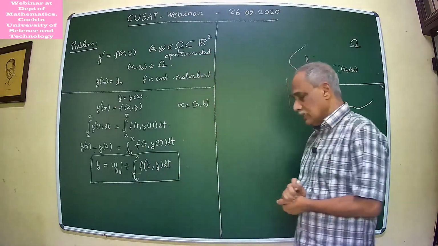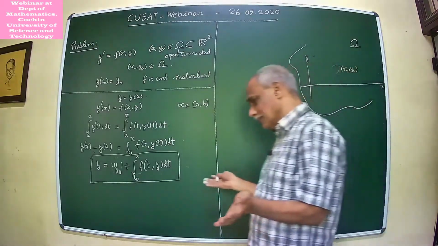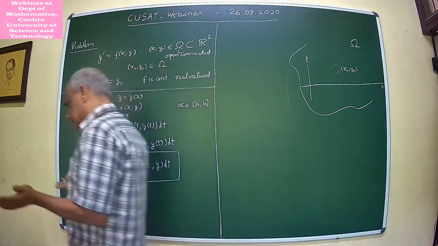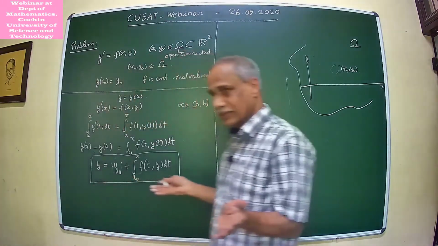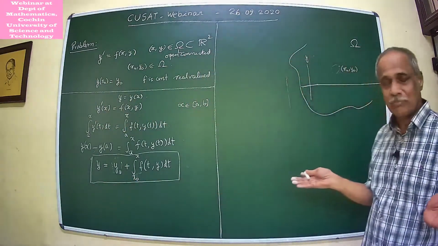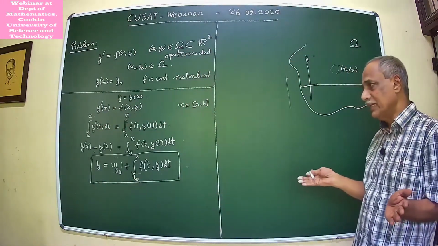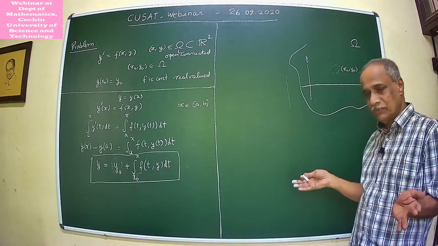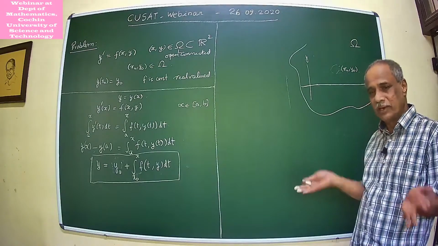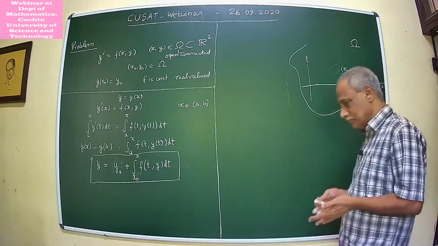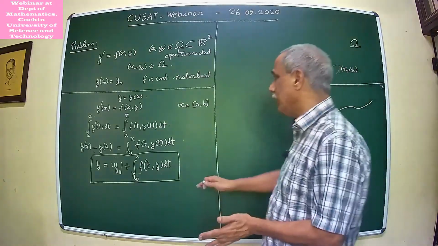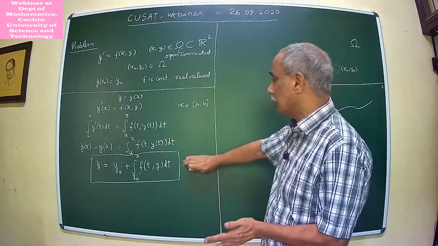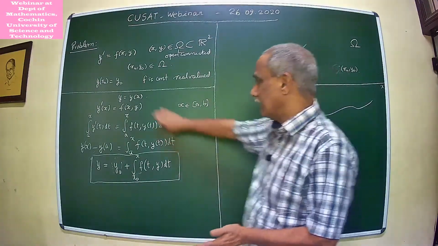This is exactly what is mentioned in the book How to Solve It by Polya, in which it says if you cannot solve a given problem, you try to convert it into another problem which is more amenable, and this is what is done. Now what we hope is that we can do something better on this.